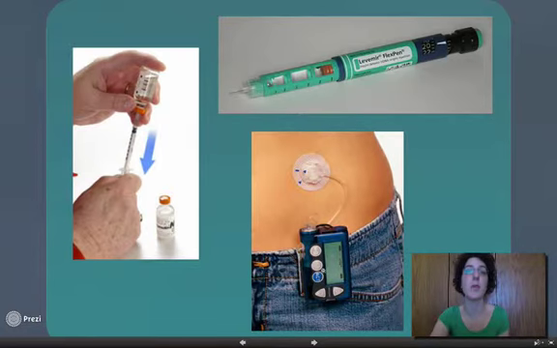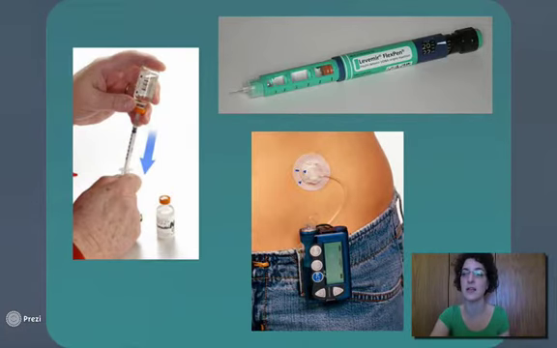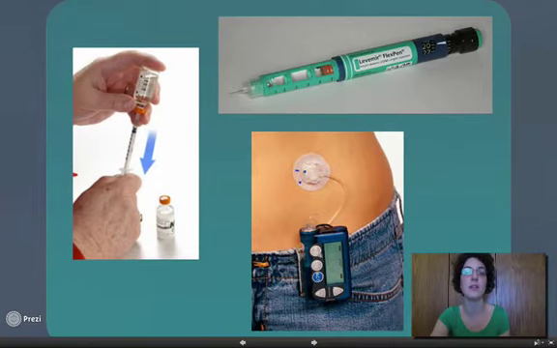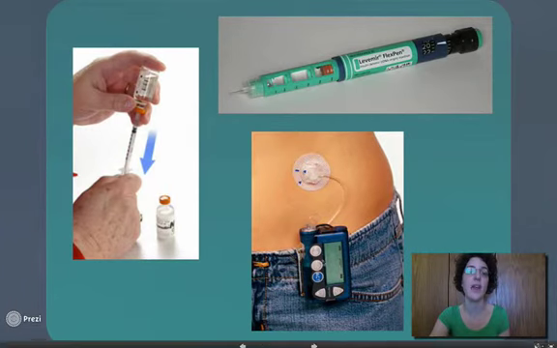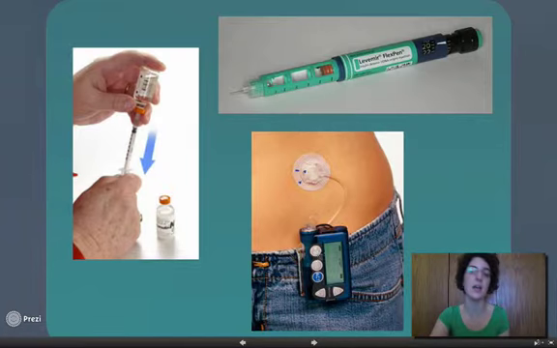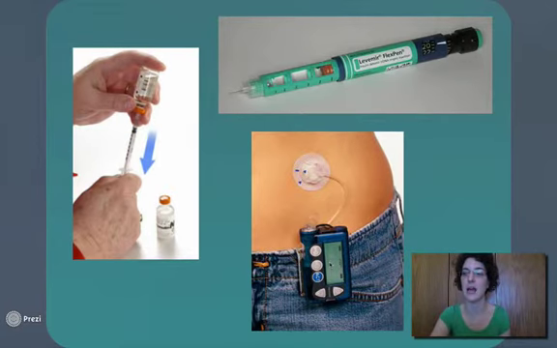And so the pump only uses short-acting insulin, and it's infused into the body slowly throughout the day, similar to how the pancreas would naturally function. And then at meal and snack time, the amount of carbohydrates that are being eaten are programmed into the pump, and then it's figured out how much insulin is needed to be given at that time.